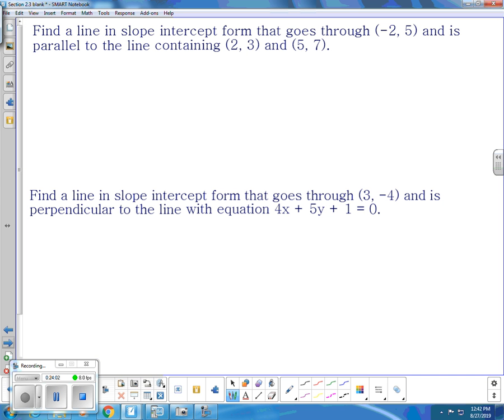So find a line in slope-intercept form that goes through negative 2, 5 and is parallel to the line containing those 2 points. So the first thing you have to do is figure out the slope. What's the slope between those 2 points? 4/3. Okay, good. And what is the parallel slope to that? 4/3. And then you're going to write the line with that point.